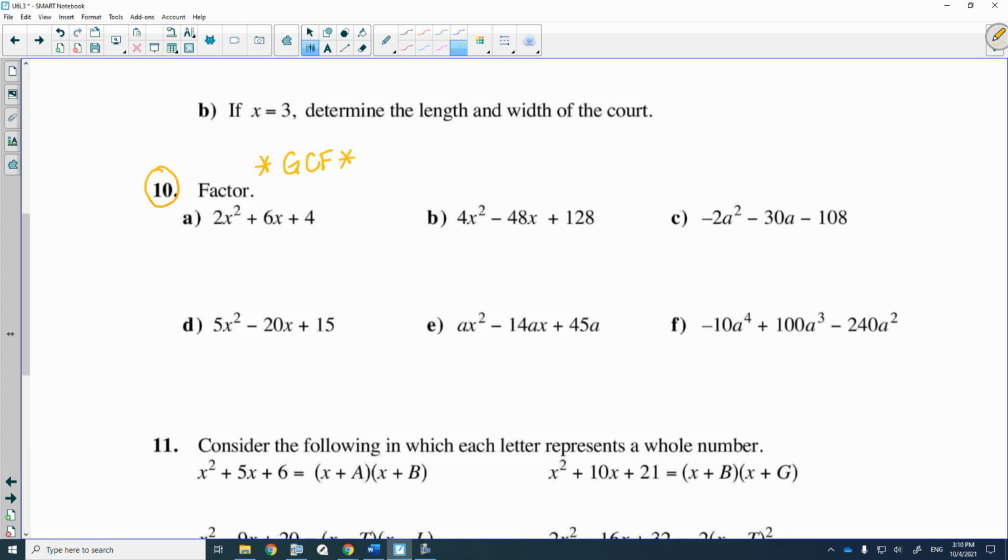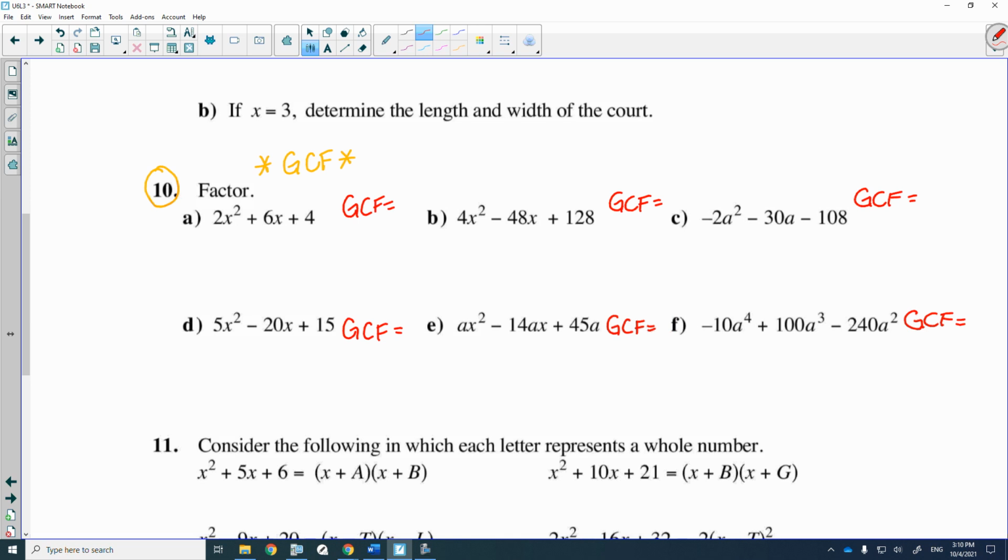What I'll do is I'll quickly find the GCF with you for each of these. What I would do is pause this, see if you could find the GCF, and then unpause it to see if you're correct.